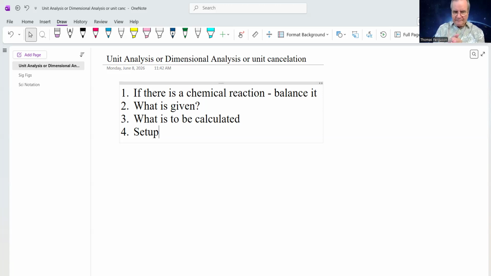Number 2, what's given? And then the other thing is, think left and think right. And then what we're going to be doing is calculating.